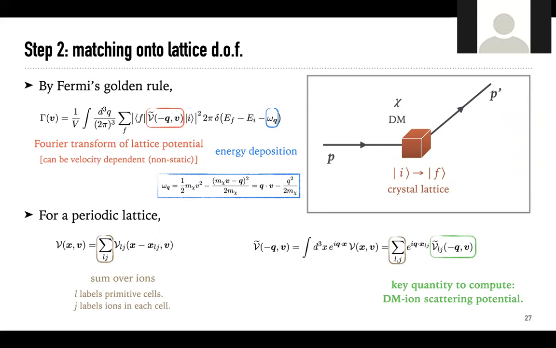And so then you have the E_F and the E_I for the energies of the collective mode. Right. Yeah, how to compute this matrix element will be discussed in the next step, step 3. But here, we're just working out this quantity for the coupling between the dark matter and the ions in the crystal. Okay. Thanks.